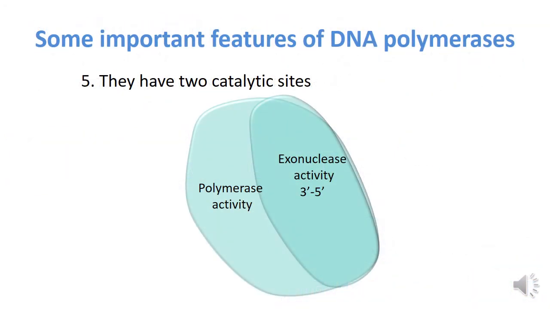Well, now let's look at another interesting feature of DNA polymerases. That is, they have two catalytic sites with completely opposite functions. This site is responsible for making phosphodiester bonds and synthesizing a new DNA molecule, and this site is responsible for breaking phosphodiester bonds and removing wrong nucleotides added to the new DNA molecule.